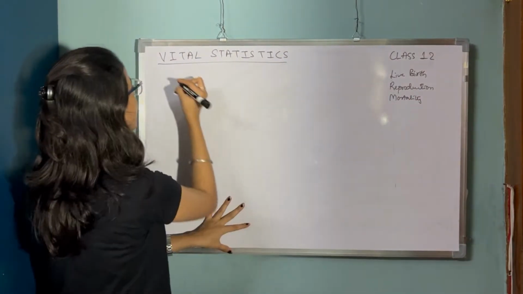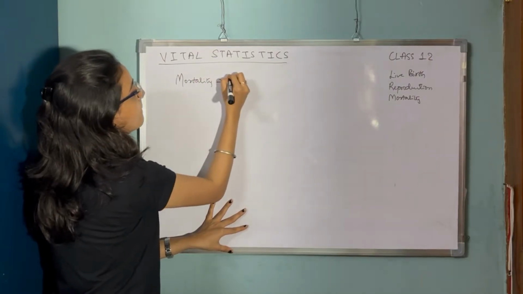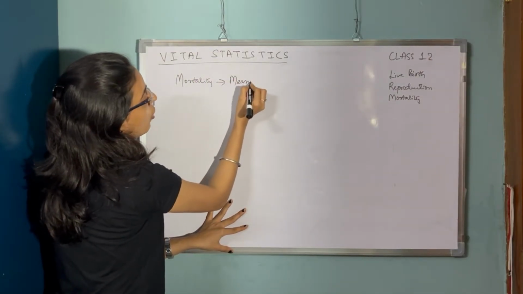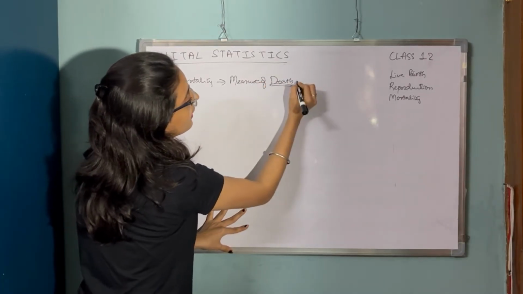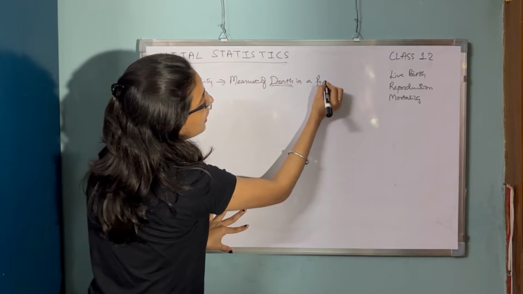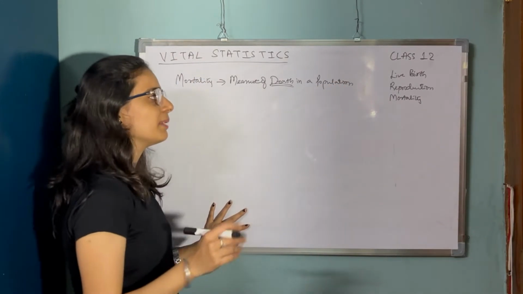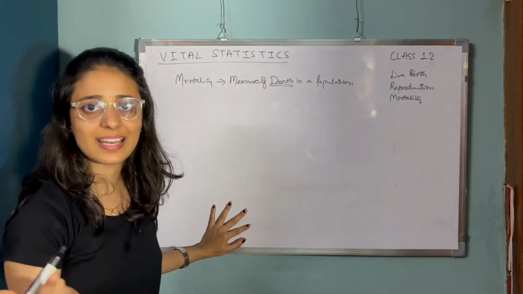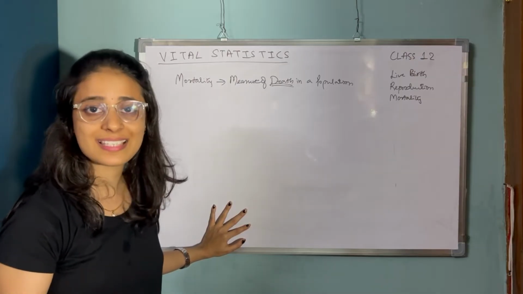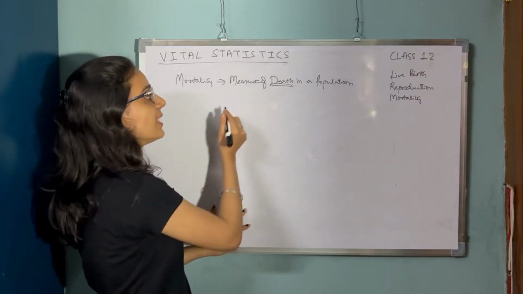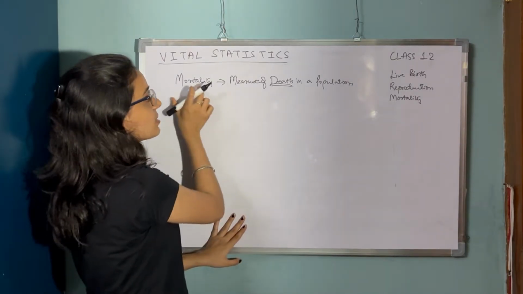It is nothing but a measure of death in a population. Mortality is the number of deaths, right? The death may be due to various reasons like sickness, old age, medical conditions, accidents, anything. So deaths happening in a population in a particular year is termed as mortality.